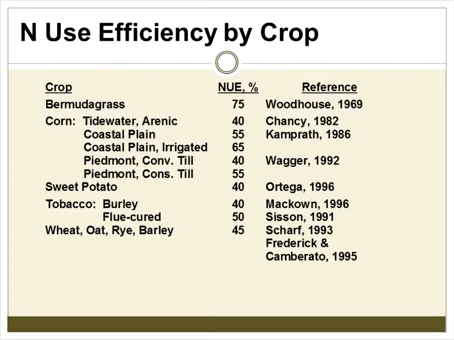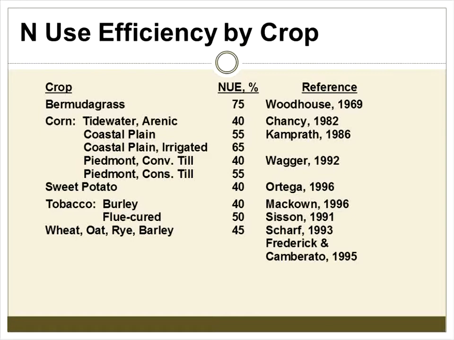Bermuda grass, being a perennial, is the most effective at 75%, although do not assume that all perennials are more effective. There are some grasses that are perennial that have nitrogen use efficiencies as low as 30%. Because of the research database we had, we could split out nitrogen use efficiency by soil type, and I mentioned this earlier.